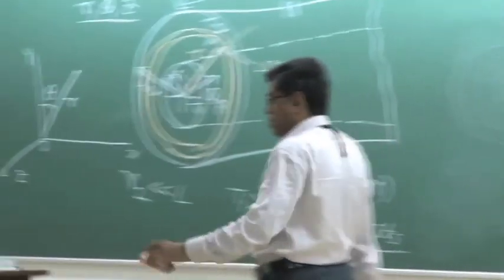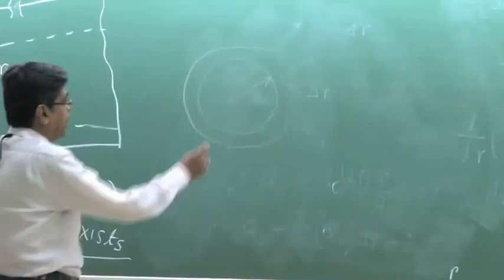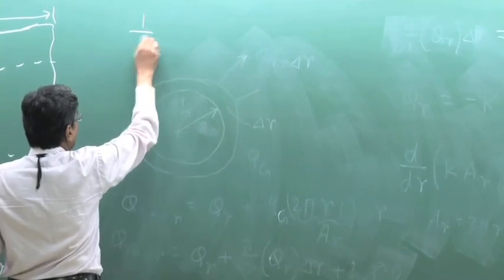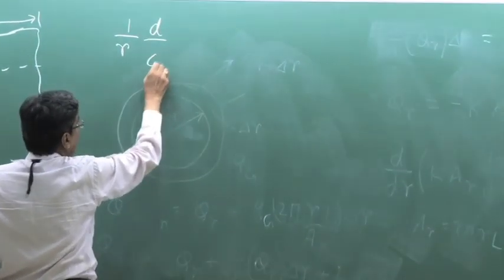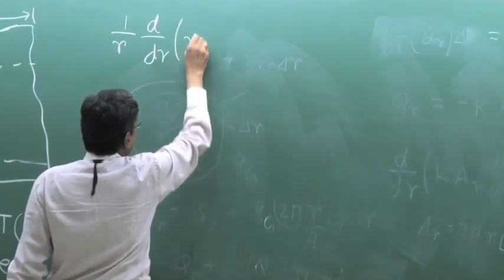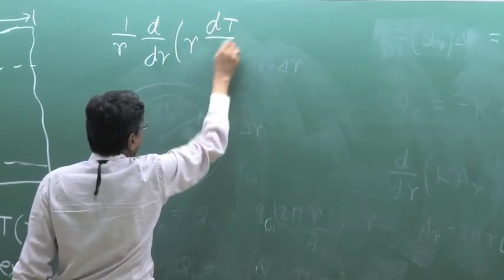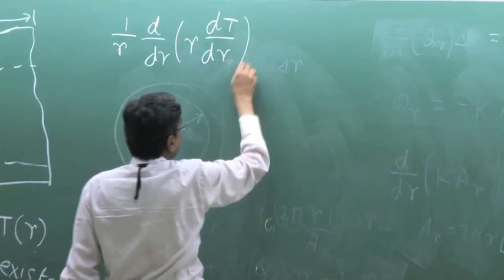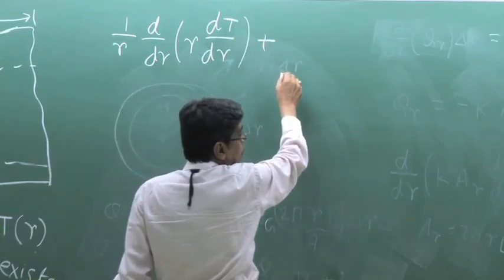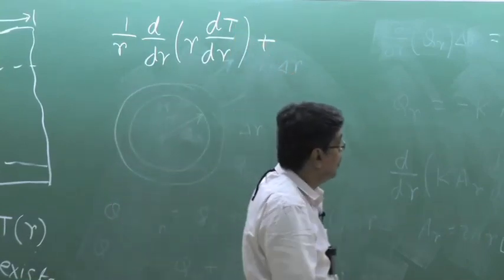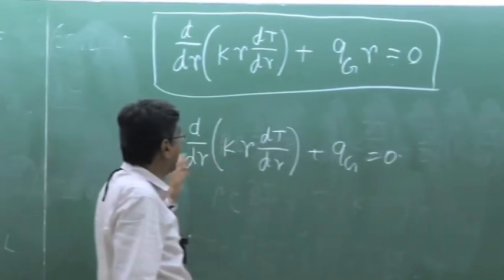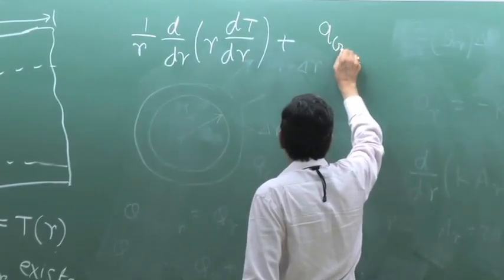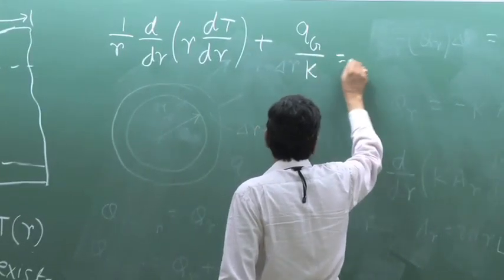Now, when k is constant, this expression becomes 1 by r d/dr of r dT/dr plus q_g by k equals 0.